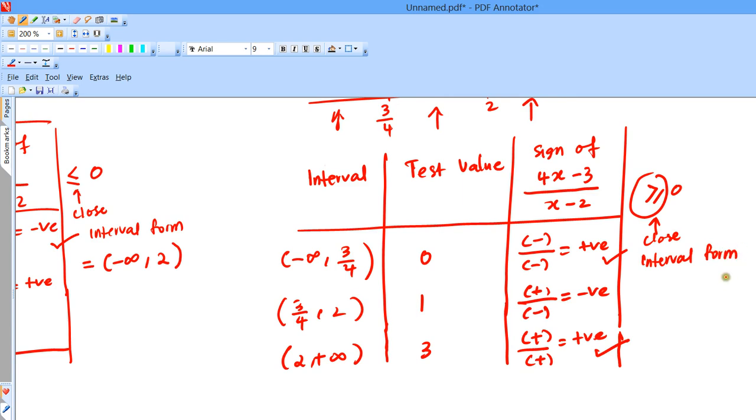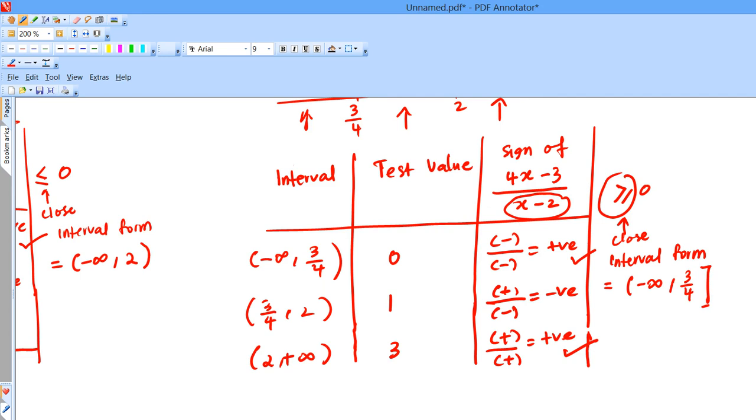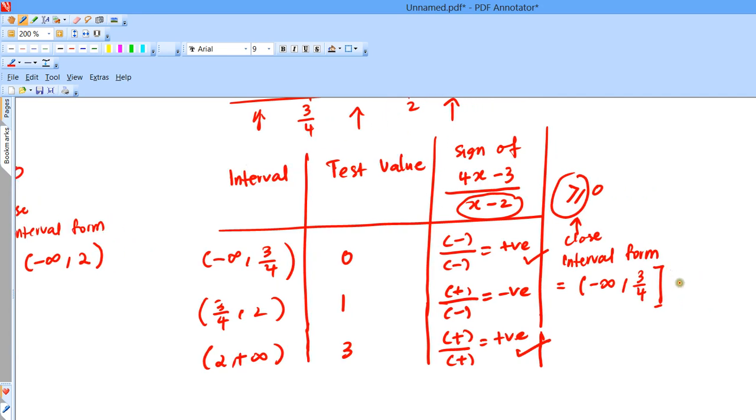This is the solution for this inequality only: negative infinity to 3/4, and you need to check that the denominator must not equal 2, so at 3/4 you can use a closed bracket, and then union the third interval, 2 open bracket to positive infinity.